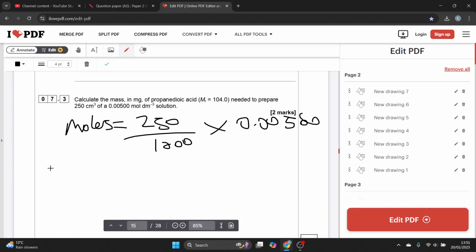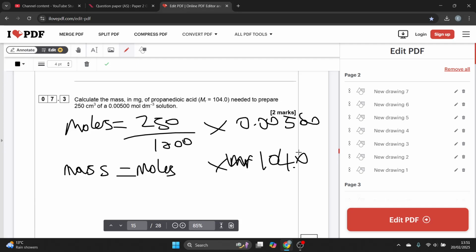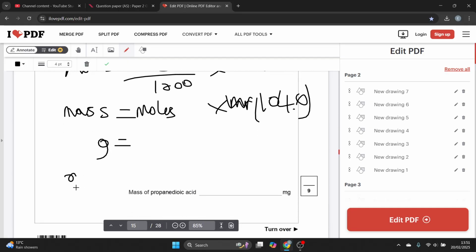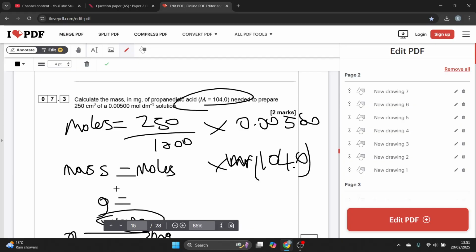Then I'm going to use moles as mass over Mr, therefore mass is the moles times the Mr, which is 104.0 in the question. But that will give me the mass in grams. I want it in milligrams, so I'm going to multiply my answer by 1000. And that's imperative.